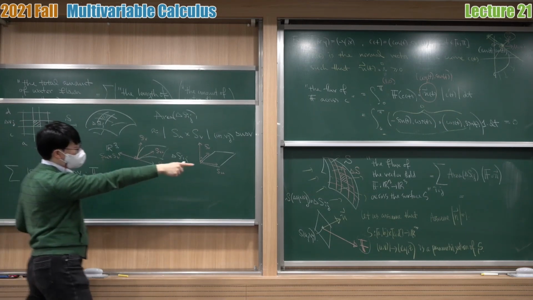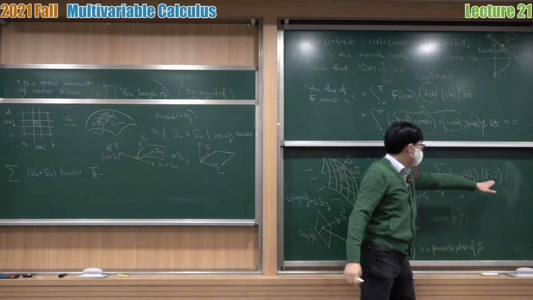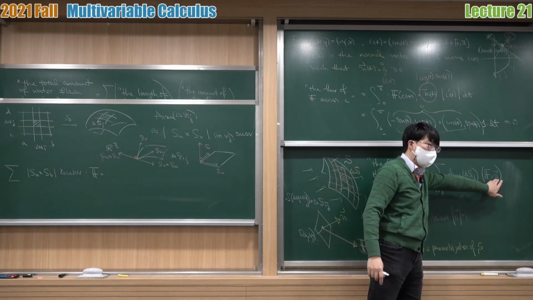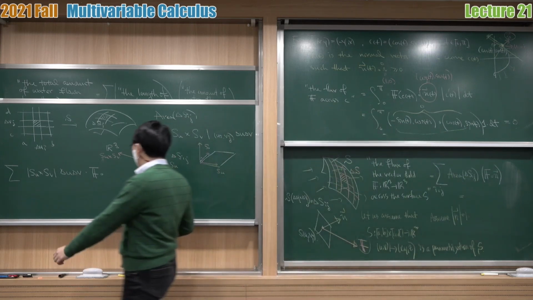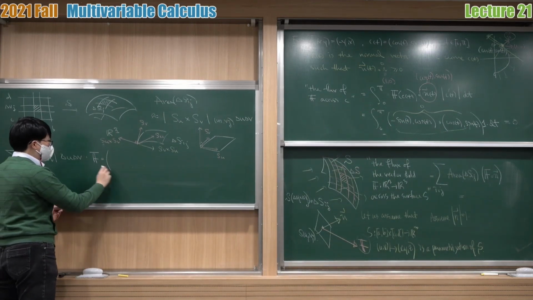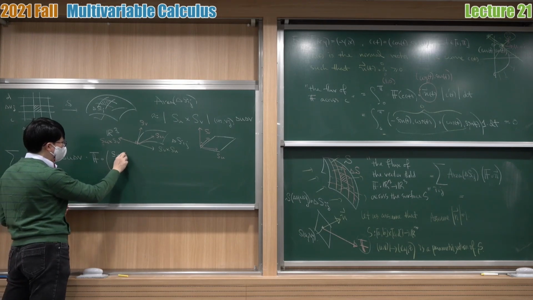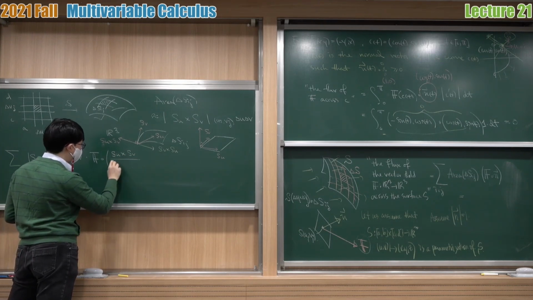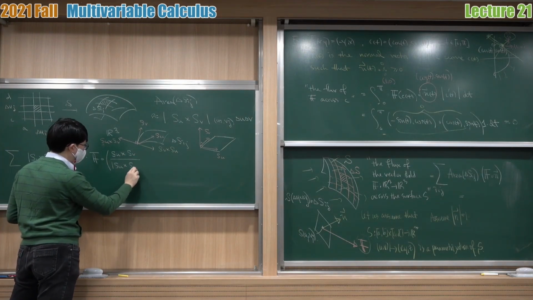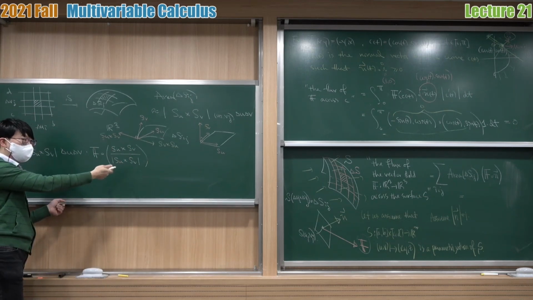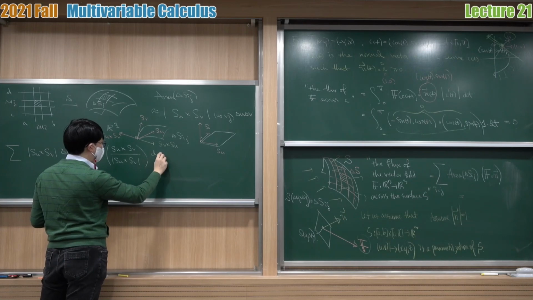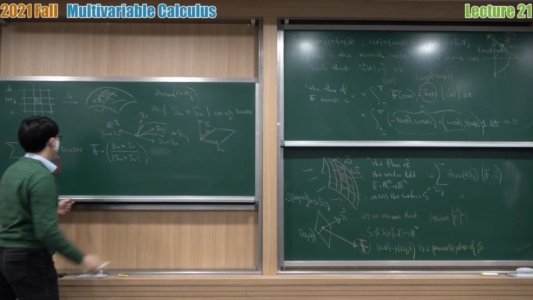And then what we have to do is find the unit vector which has the same direction as that normal direction, right? So we take the inner product with Su cross Sv divided by the norm of Su cross Sv. Okay, so that gives the unit vector, and yeah, that's it.